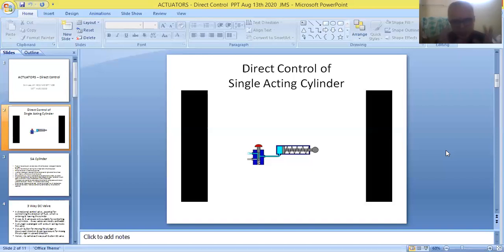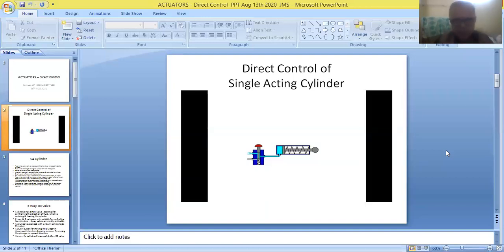So friends, this is very essential for moving the piston in to-and-fro directions. First position of the valve for the forward stroke of the piston, second position of the valve for the return stroke of the piston. Secondly, when the plunger moves in the downward direction, the valve will come to the first position. When the plunger moves in the upward direction, the valve will come to the second position.